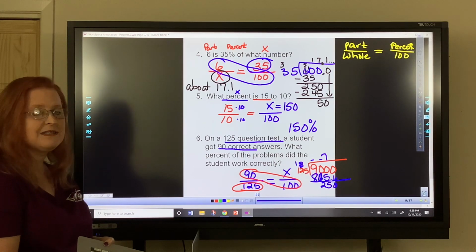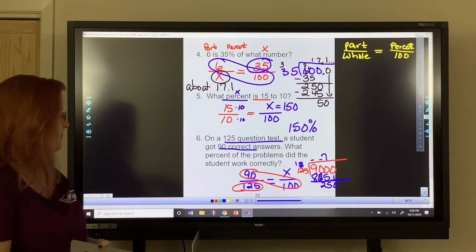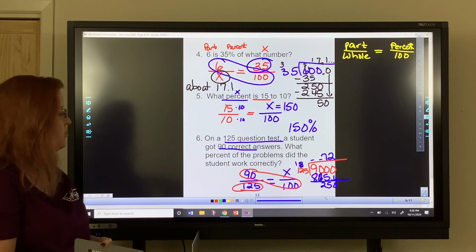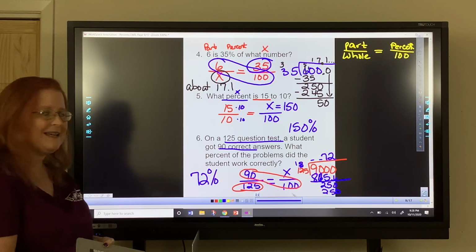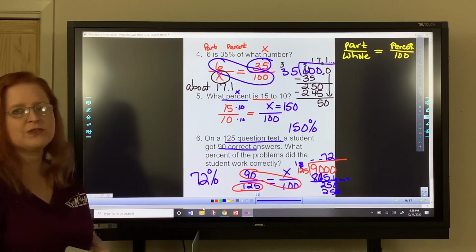It only adds to give you 25, 50, 75, 100. 125 into 250 is 2, which is 250. So this person made a 72% on their test, getting 90 out of 125 questions correct.